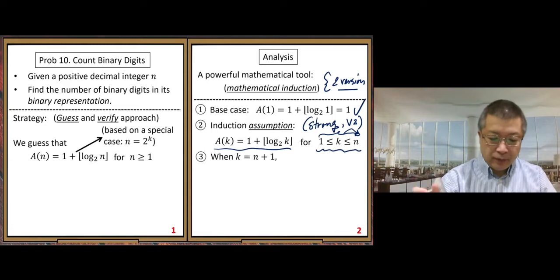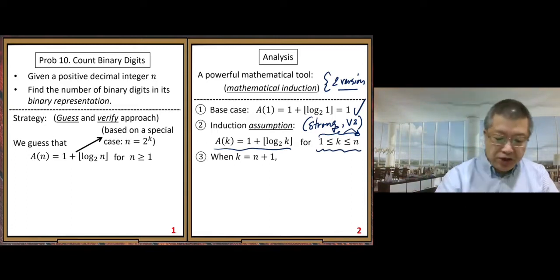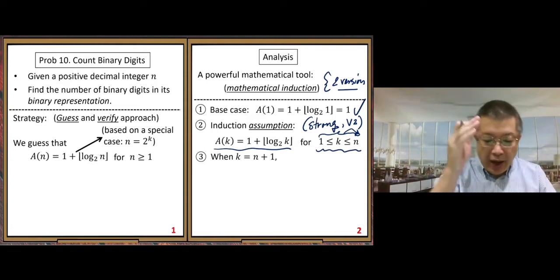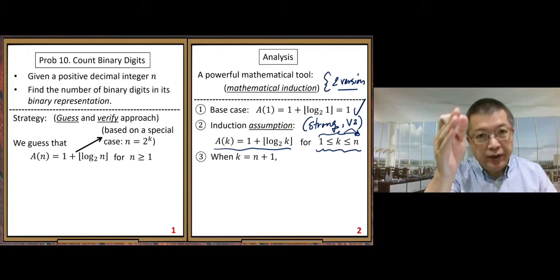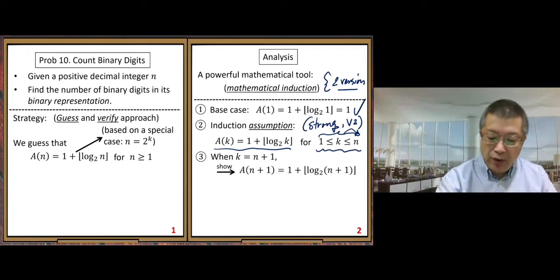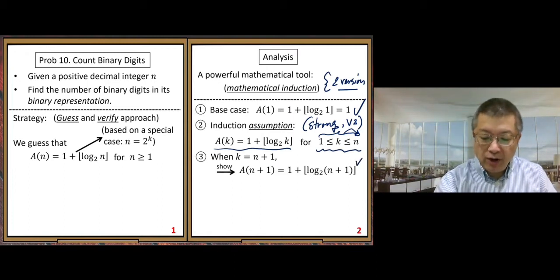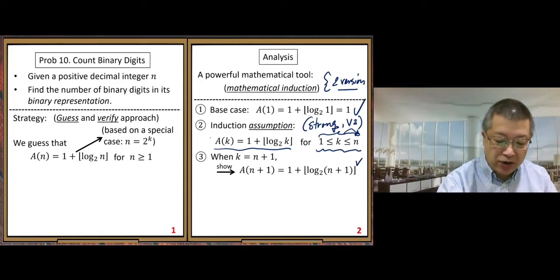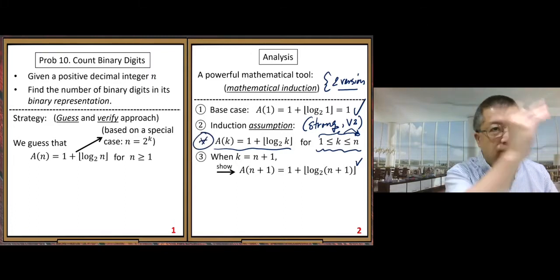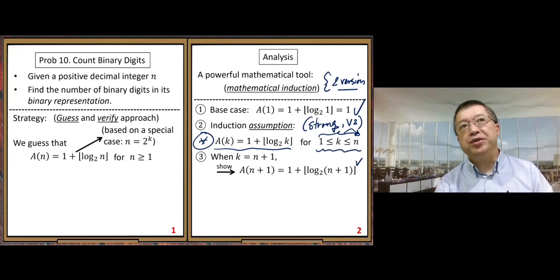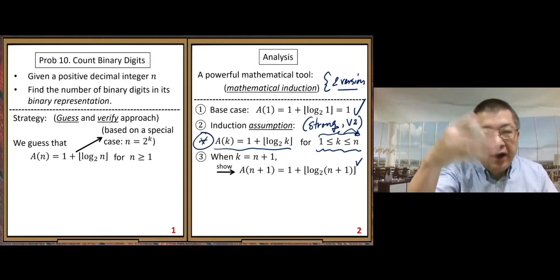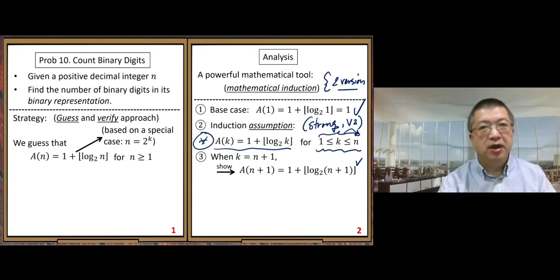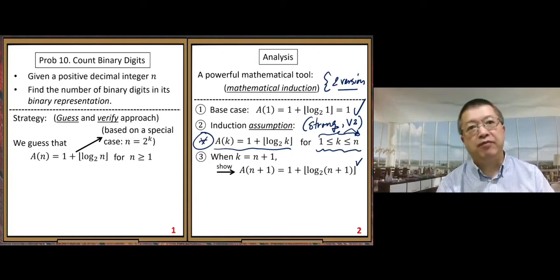The key step, number 3: when n goes to n plus 1, we need to show this formula is correct using our induction assumption. This is the key formula we need to use again and again, several times. Then we can get step 3.